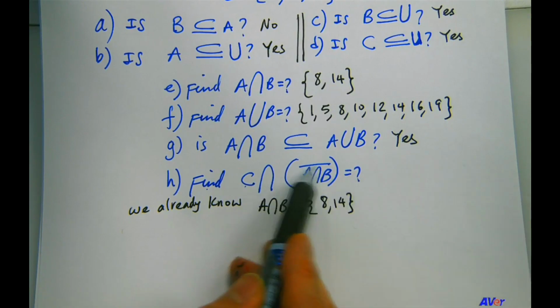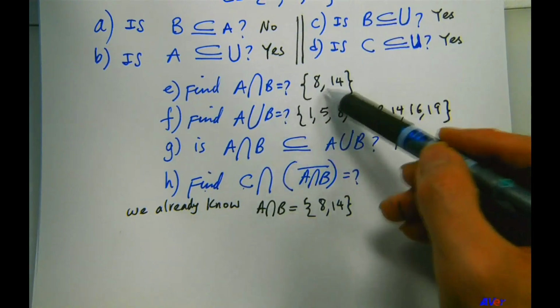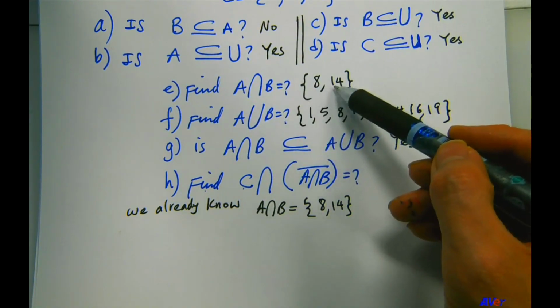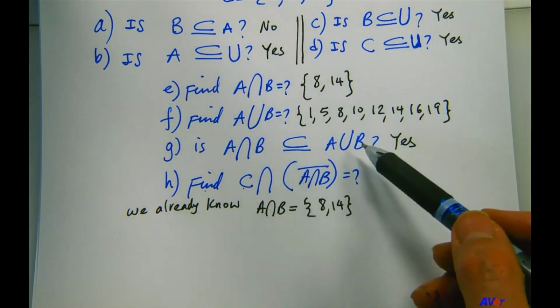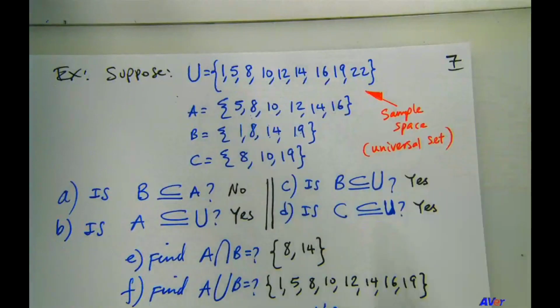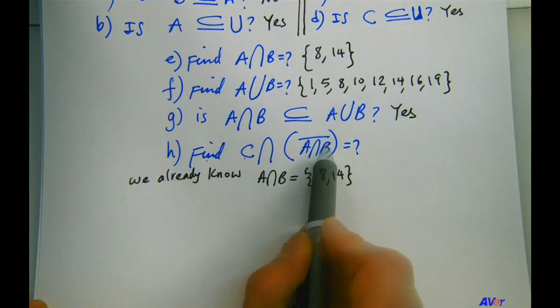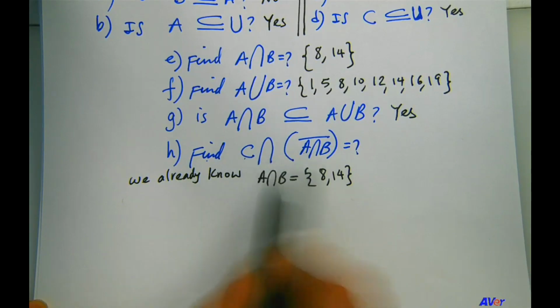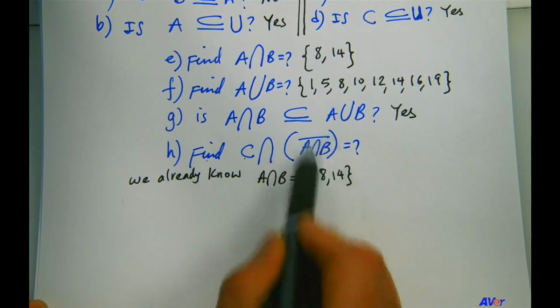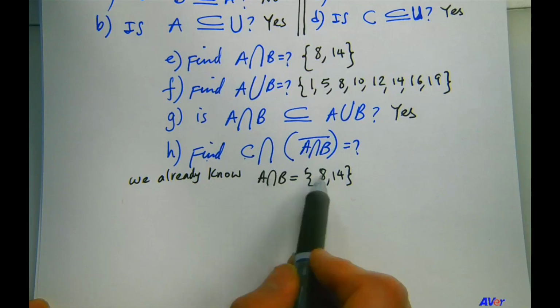So the complement of A intersection B is anything that is not part of A intersection B, but is part of the sample space. And the sample space is up here. We're trying to find this, and then we take the intersection of C with that. But we haven't found the complement of A intersection B yet.